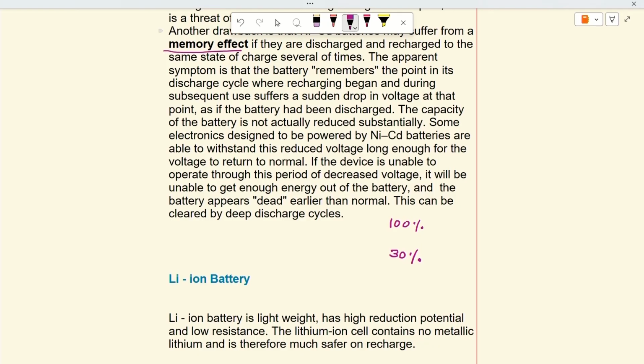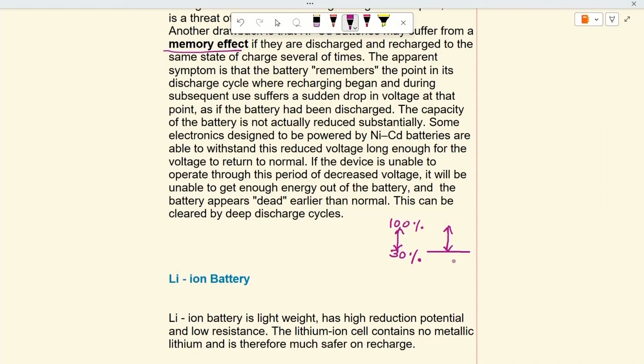Most of the days my usage is from 100% to 30%, and when it drops to 30%, I recharge it. If I continue this several times, the battery feels that once 30% has been reached, it is already dead. That is the memory effect, because the battery remembers the point from where it has been recharged and considers that point to be the battery getting dead.